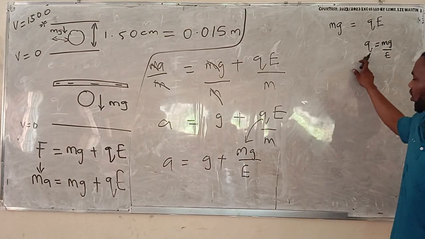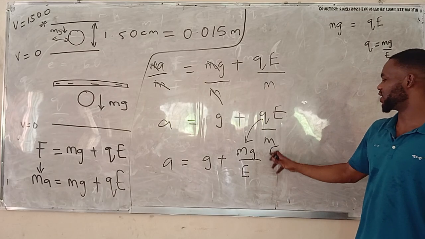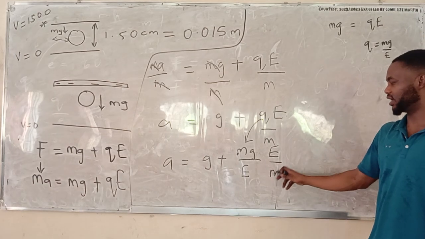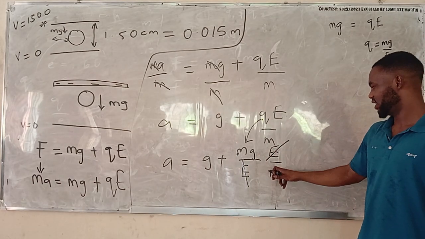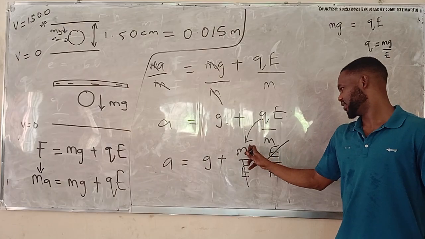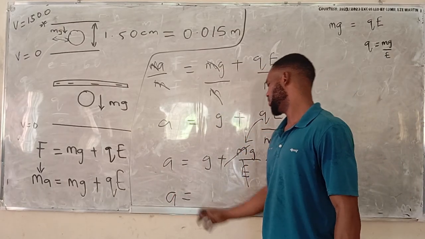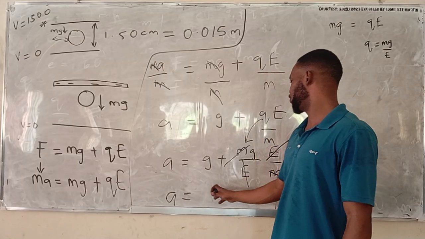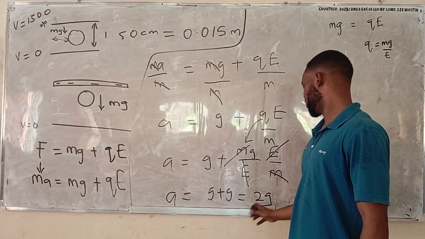Then this is for q, with E beside it, and remember that everything is divided by m. This can take care of this. So the acceleration of an oil drop moving downwards is simply g plus g, which equals 2g.